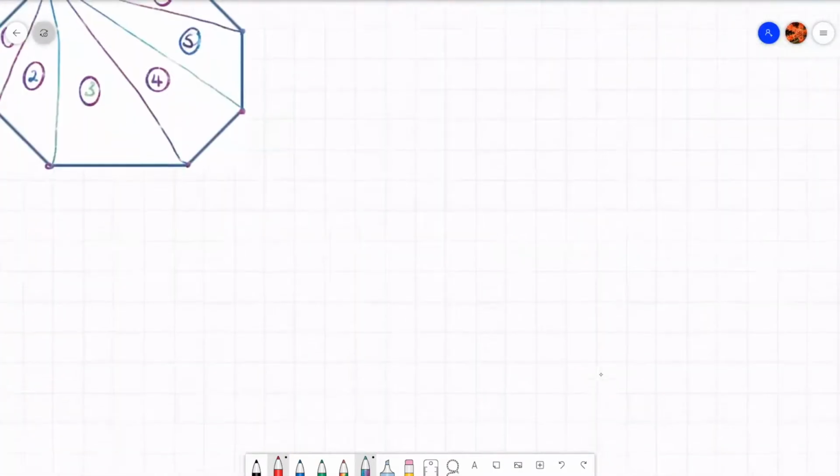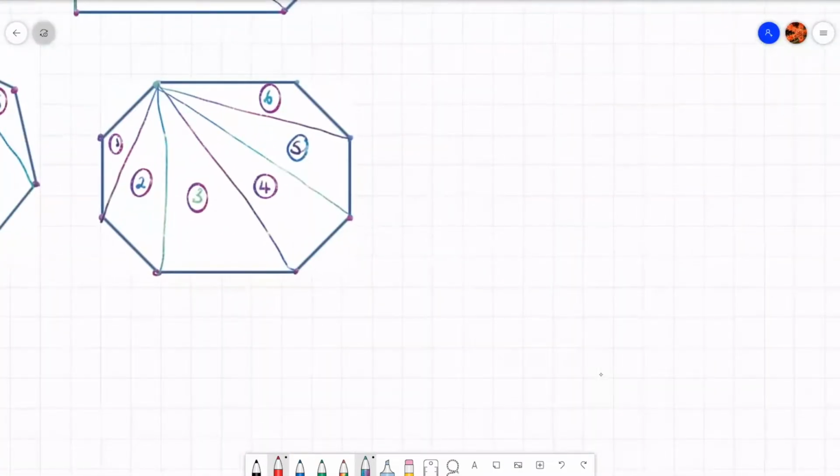Okay, and again, each triangle's angles will add up to 180. So the angles in that shape would add up to 180. This one 180. This one 180. 180 in this one. 180 this one, and 180 in this one.